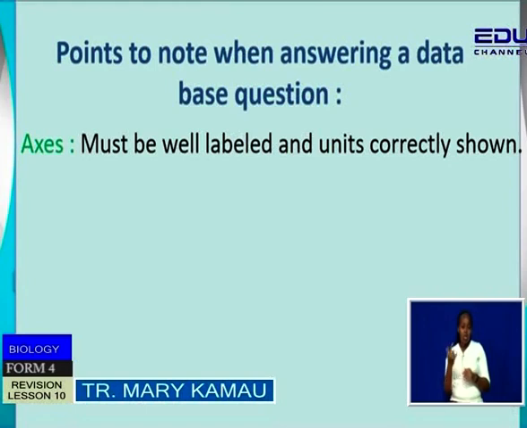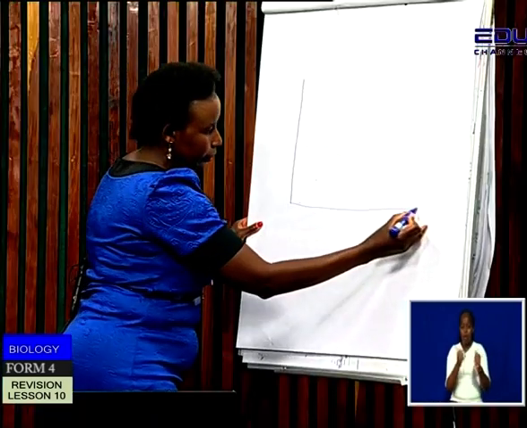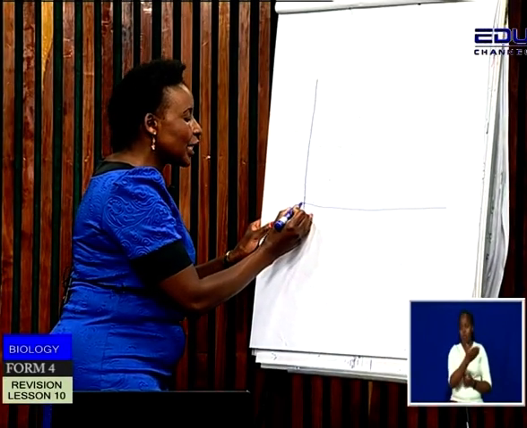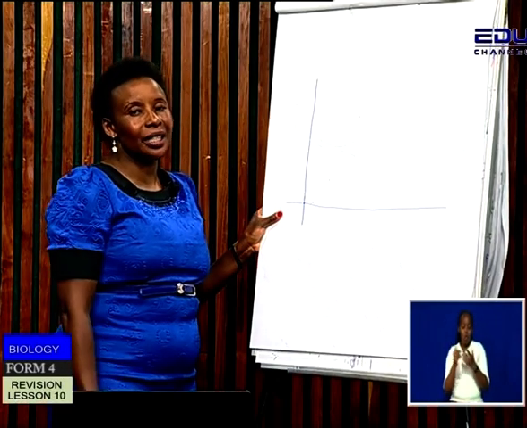Number 1, check on the axis. Very important to check on the axis. So the axis must be well labeled and units correctly shown. For example, if this is our grid, and we have a schedule or data that we've been given, and we are supposed to plot that graph.